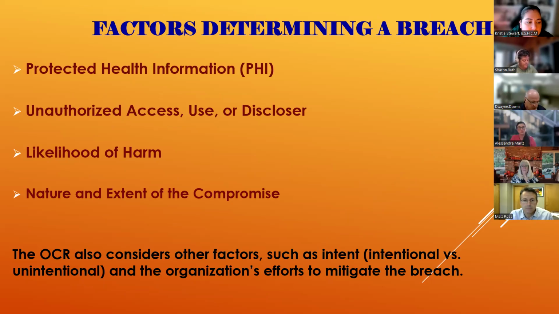Likelihood of harm. Is there a significant risk that the unauthorized access, use, or disclosure of protected health information could cause harm to the individual? And also nature and extent of the compromise. How much PHI was involved? And what was the potential for misuse of that information?